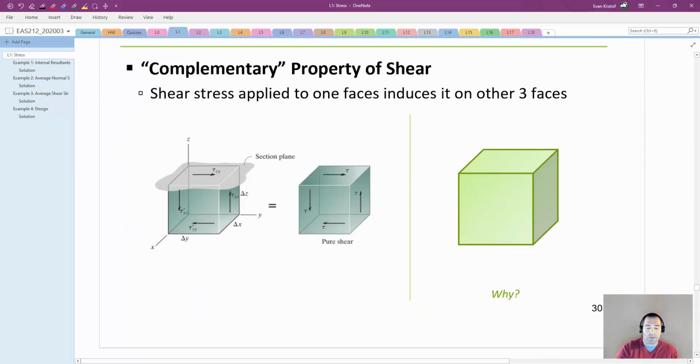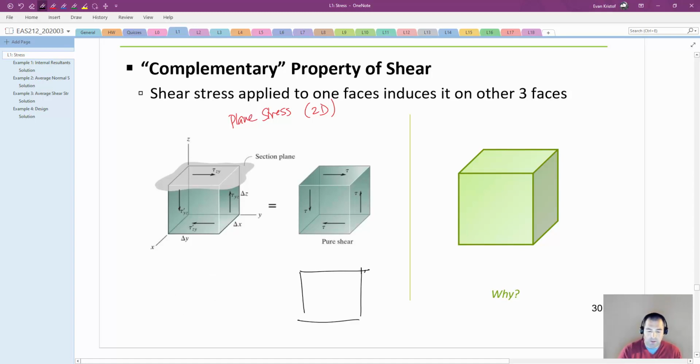Now, something else to think about in terms of shear stress, it's very important, and we'll see this come up time and time again in our derivations, is that if we're looking at a state of plane stress, which simply means that we're talking about a 2D system, we could really simplify this down and just look at one face of these elements.